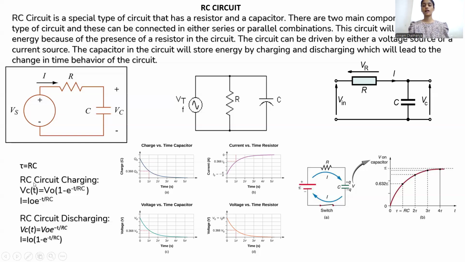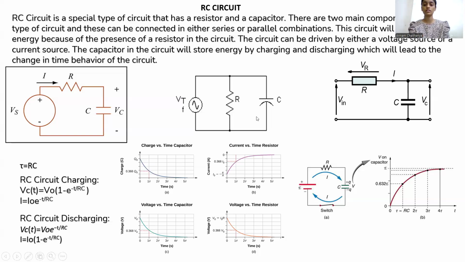During the RC circuit charging, the voltage across the capacitor is V naught into 1 minus e power minus t by RC, and I equals I naught into e power minus t by RC. And during the discharging of the RC circuit, the voltage across the capacitor is V naught into e power minus t by RC, and I equals I naught into 1 minus e power minus t by RC.